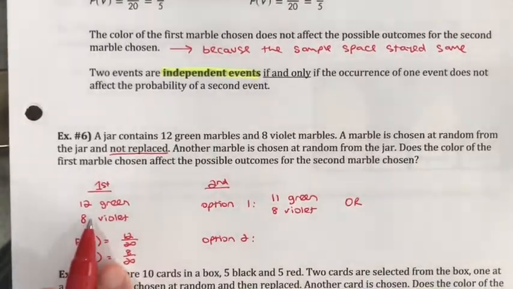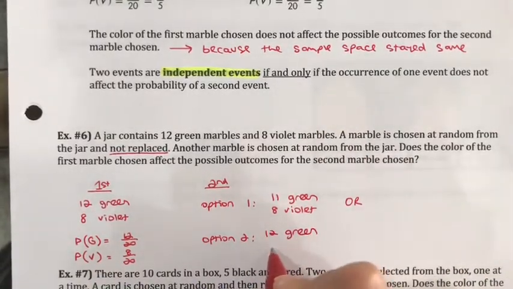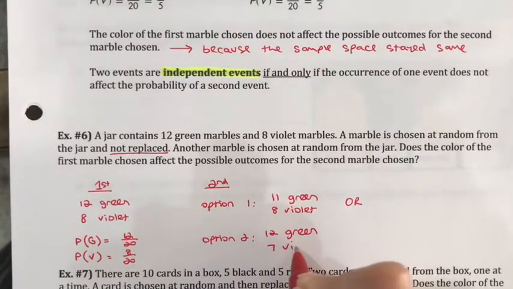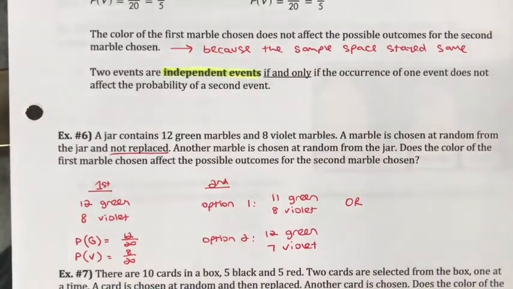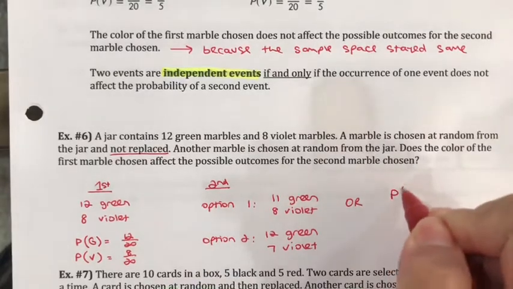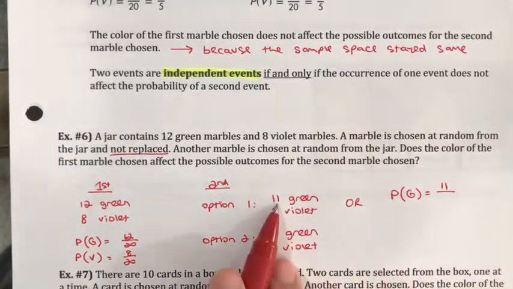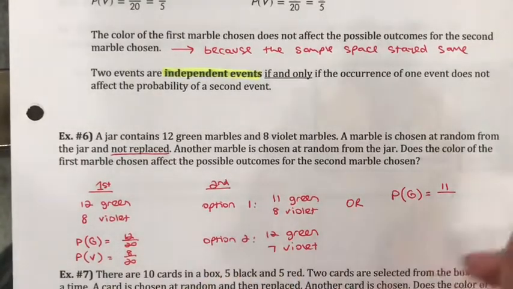If I pulled a violet, I still have the same number of green, but I have 1 fewer violet. Now we can totally see that our probabilities are changed. So now our probability here is going to be 11 for green out of there's 19 total.